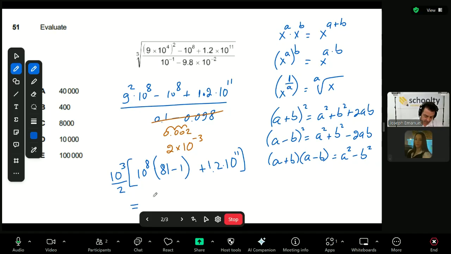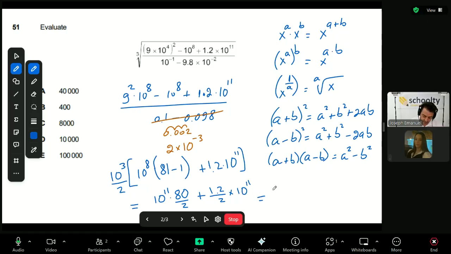You have 3 and 8, which is 11, multiplied by 80 divided by 2, plus 1.2 divided by 2, multiplied by 10 to the power of 11. By the way, don't forget that all of this has the cube root.